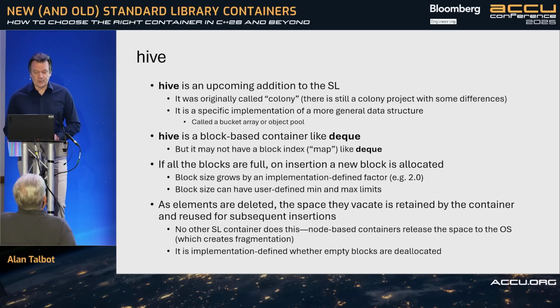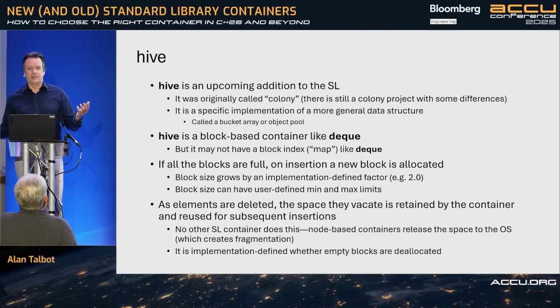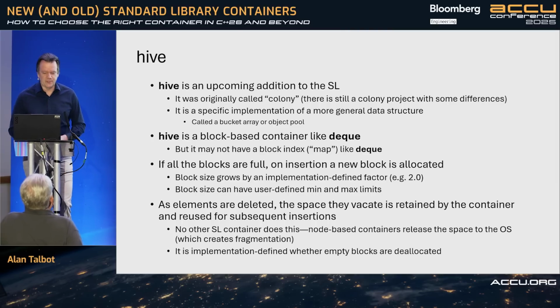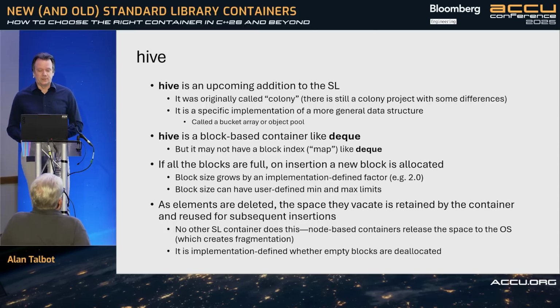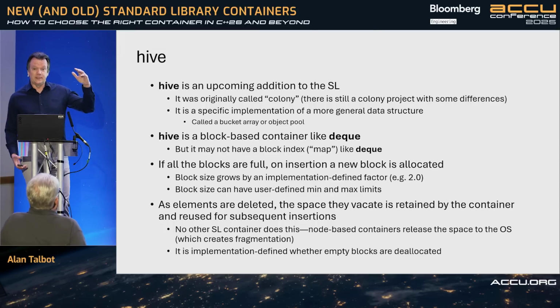So there's still a colony project. The standardized Hive has diverged a bit from the original colony, but it's a specific implementation of a more general data structure that's been around for a long time, sometimes called a bucket array or an object pool. It's a block-based container. The reference implementation, which hasn't been implemented by any libraries yet, does not use an index to the blocks.